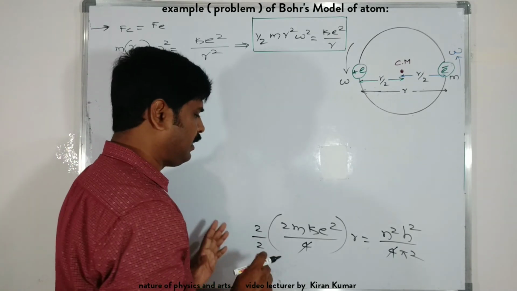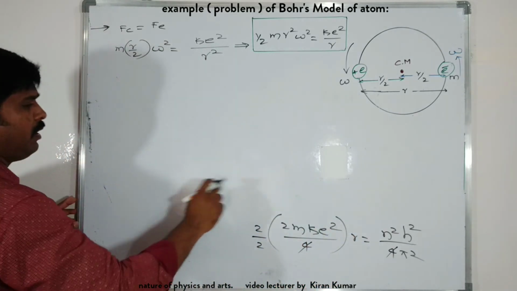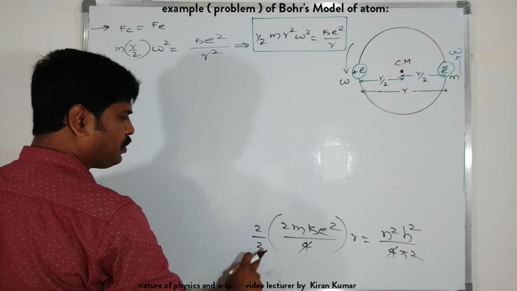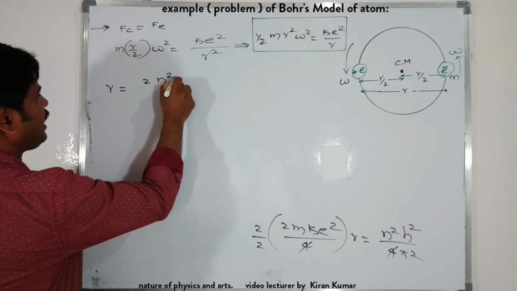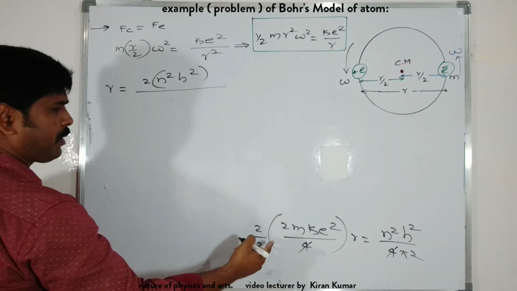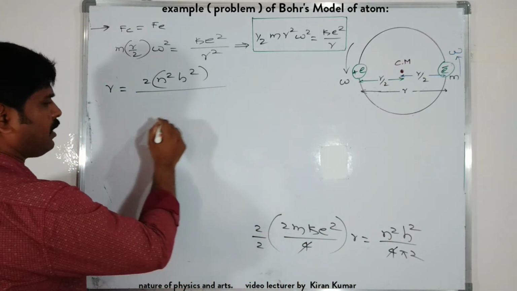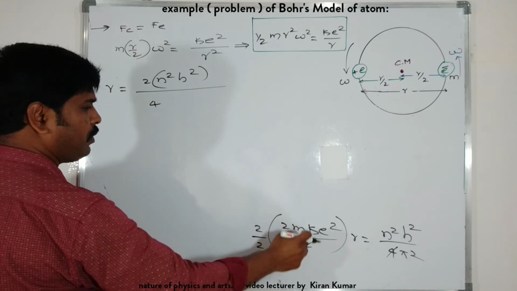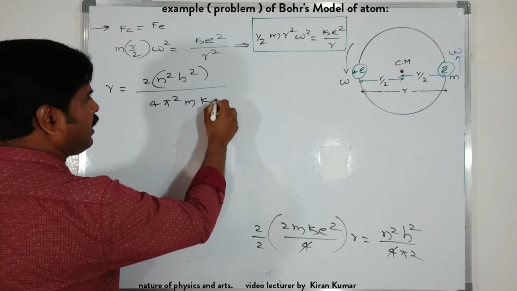Try to understand. Now the resultant equation, we need R value, so that R is equal to, denominator 2 is there, and that is 2n square h square divided by, already here pi square is there, then we can write here 2 to the 4 pi square m k e square.